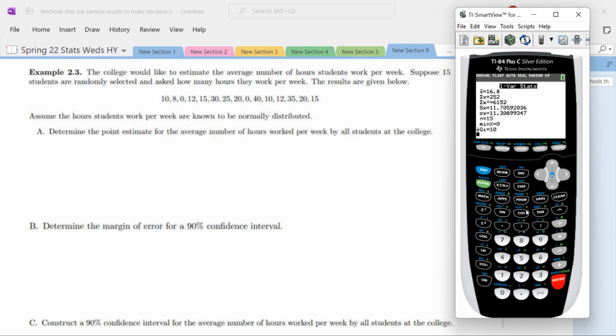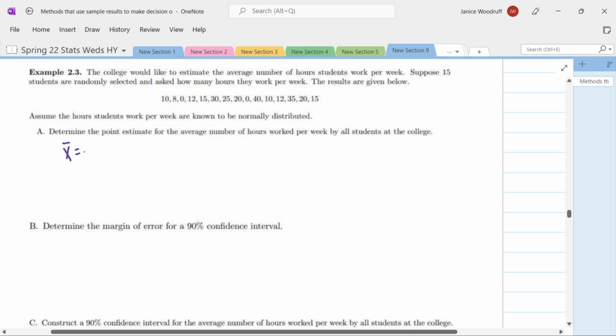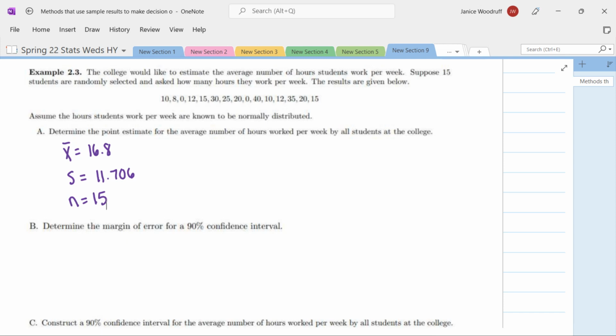It's a sample, so that standard deviation is going to be the Sx, 11.706. So X bar 16.8, standard deviation of the sample 11.706, sample size was 15. Okay, so just to remember how to do that.